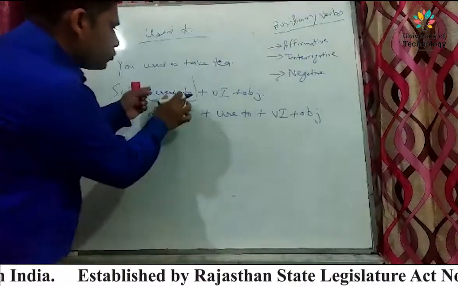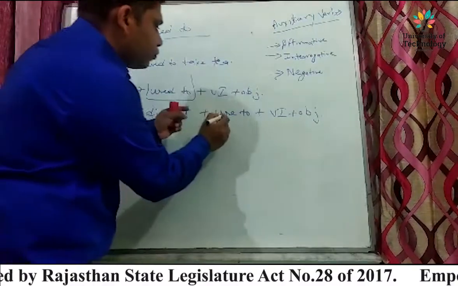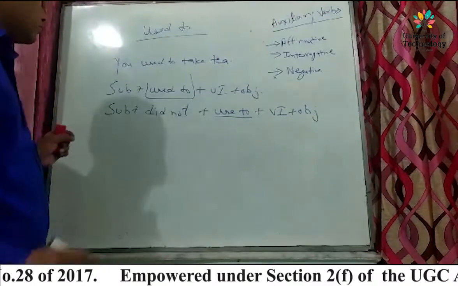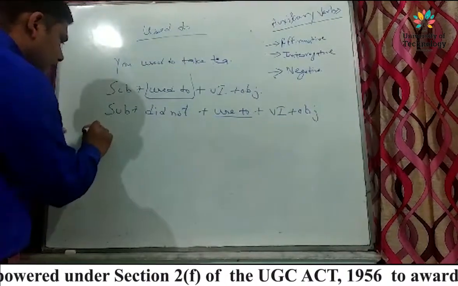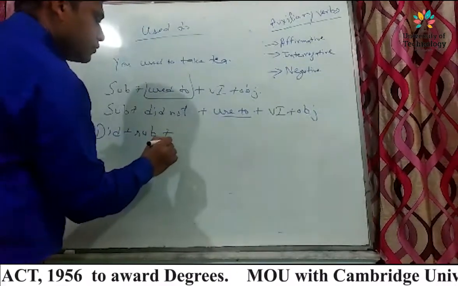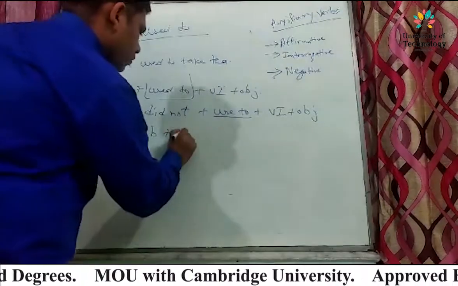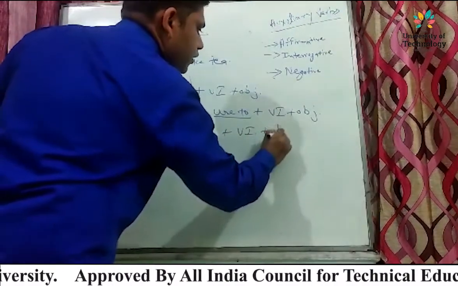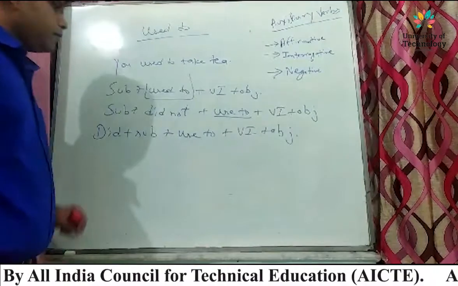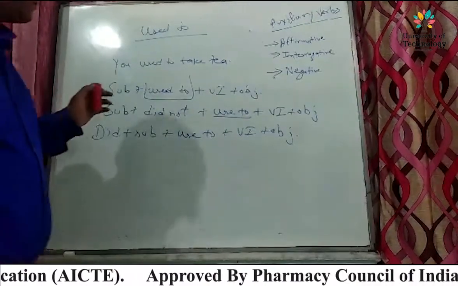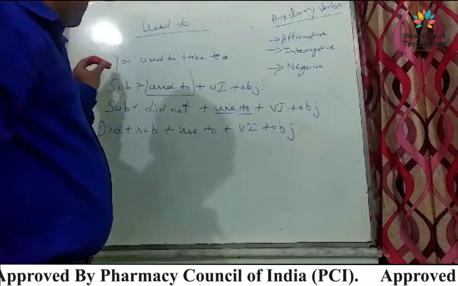Used to will be converted into use to. Next, interrogative: did plus subject plus used to plus verb first form plus object. So तुम चाय पिया करते थे.